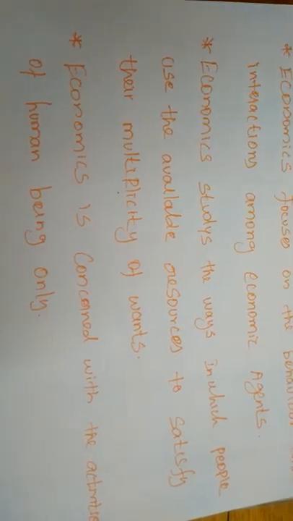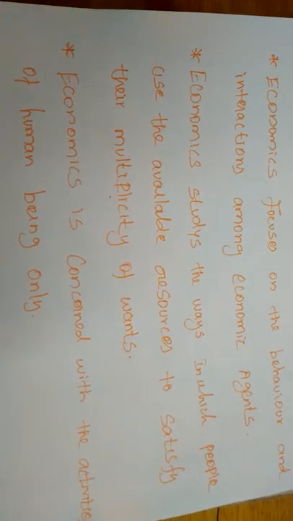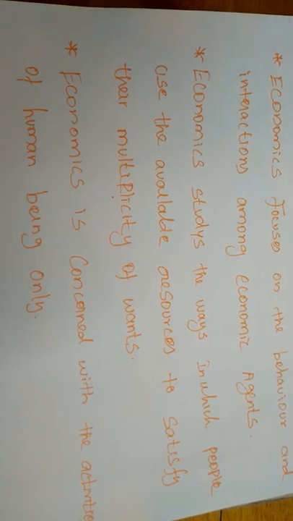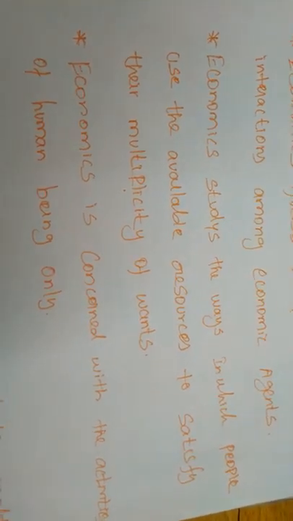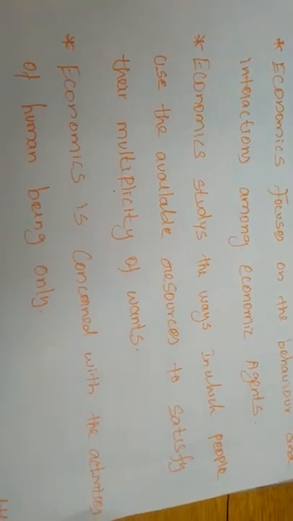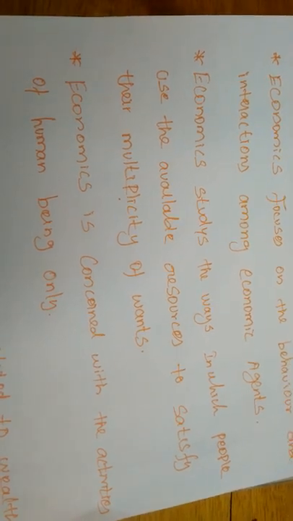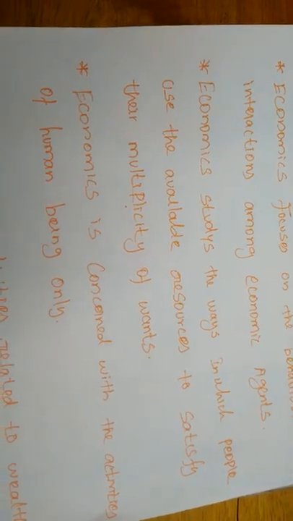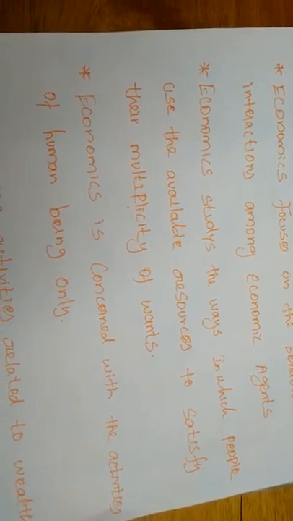So economics also studies how natural resources are used to satisfy the multiplicity of wants. In this way, we have to make some effort to protect the natural resources, and we have to know their value.